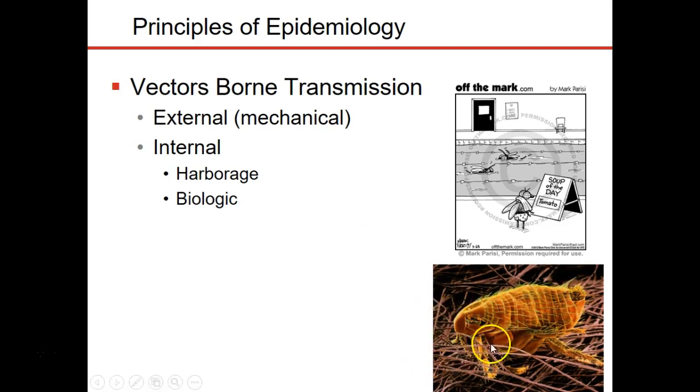Here's another mechanical vector. This is a flea. Rat fleas transmit Yersinia pestis. When Yersinia pestis gets into the flea's body, it clogs up the gullet, which is like the esophagus that leads down to the stomach.